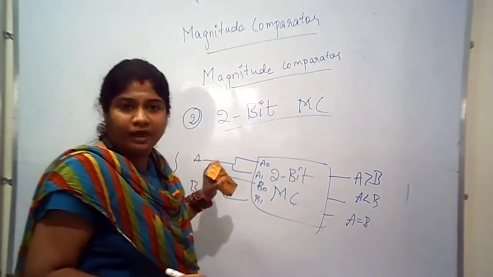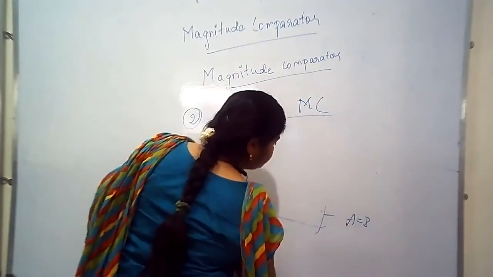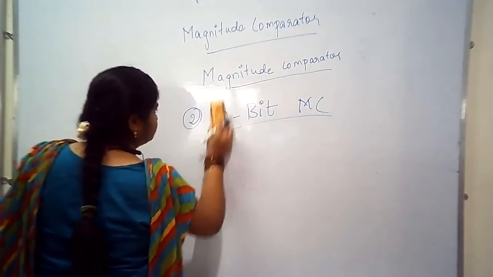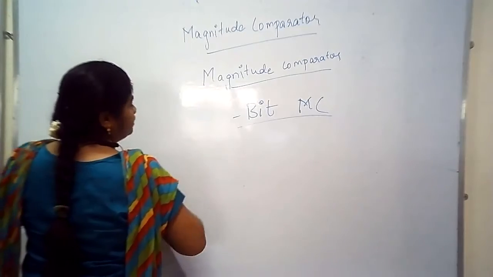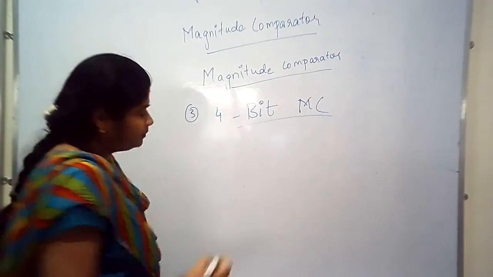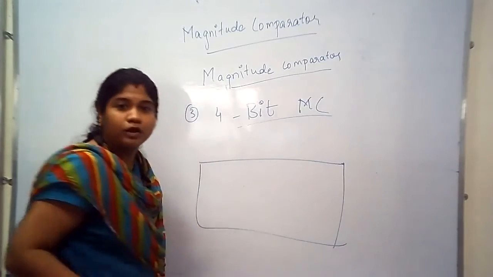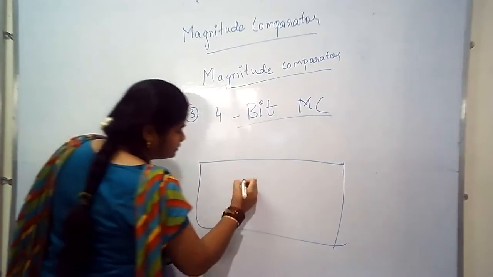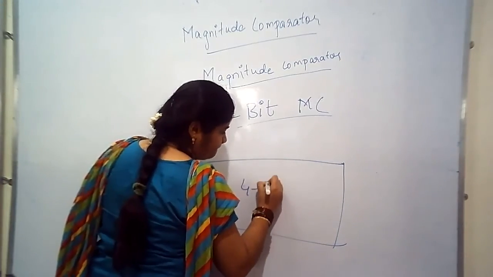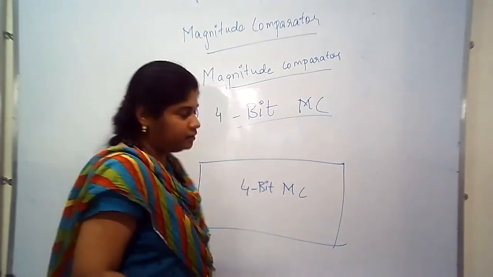We'll go with the 4-bit magnitude comparator. Coming to the third type, I'll consider one rectangle: this is the 4-bit magnitude comparator.